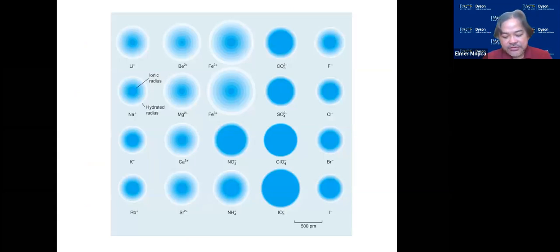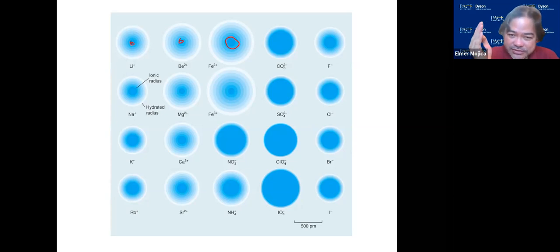From the original ionic size that you have here, what happens in the presence of water that serves as the solvent is that the ionic radius increases. So if you have this ionic radius on its own, when it is in the presence of water molecules, it's going to be increased. The ionic radius will increase.